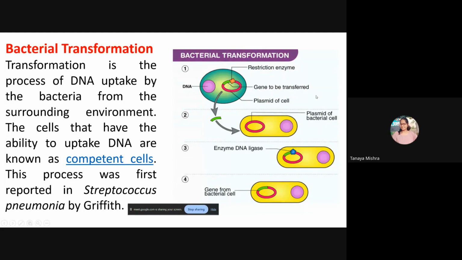Sir, I have a confusion question. Can the foreign gene integrate into plasmid DNA or the bacterial DNA, the nuclear DNA? Not getting you.